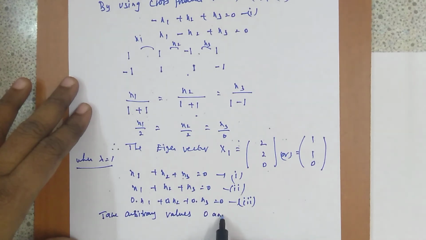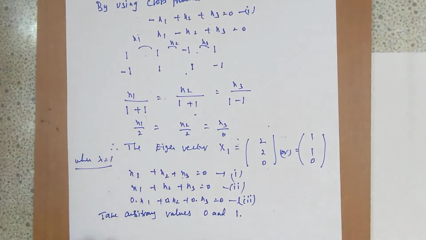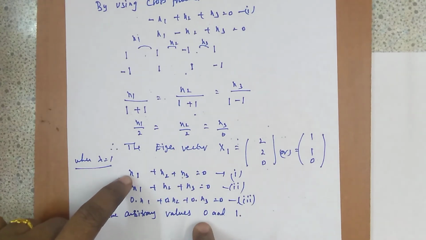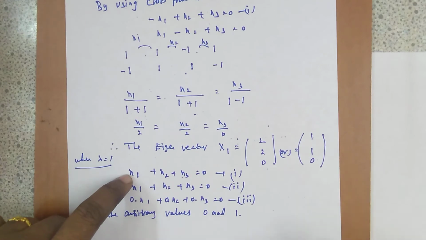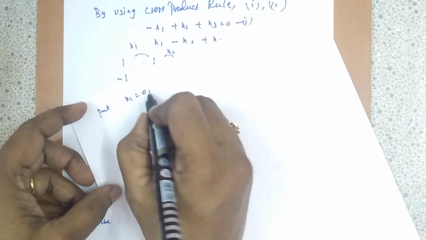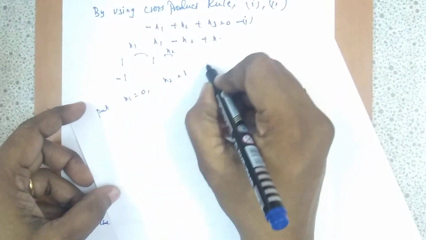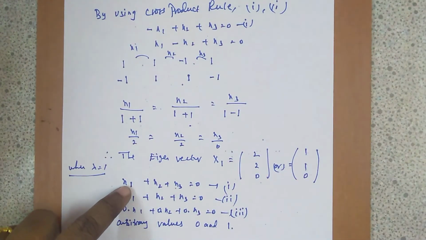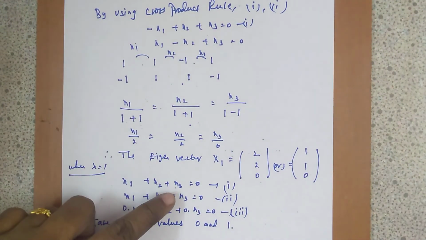Take arbitrary values 0 and 1. So in this equation, look at our equation 1. In this one, I am going to give x1 equal to 0 and x2 equal to 1. So put x1 equal to 0 and x2 equal to 1 in equation 1. So what will happen? Here it will become 0 and x2 will become 1 plus x3.